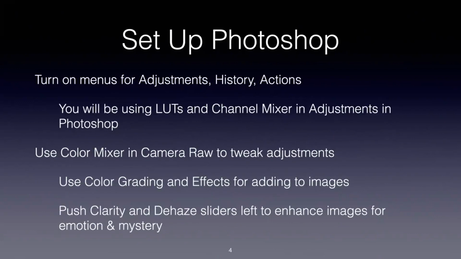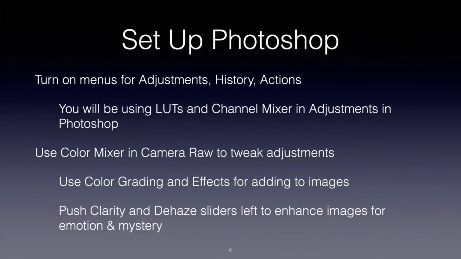What you want to do with Photoshop is turn on your adjustments layer, adjustment menu, history, and actions. We're going to talk a lot about using lookup tables, which are LUTs, and the channel mixer in adjustments in Photoshop Camera Raw. And you use the color mixer in Camera Raw to tweak adjustments.